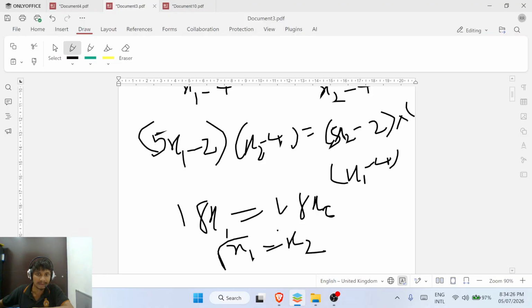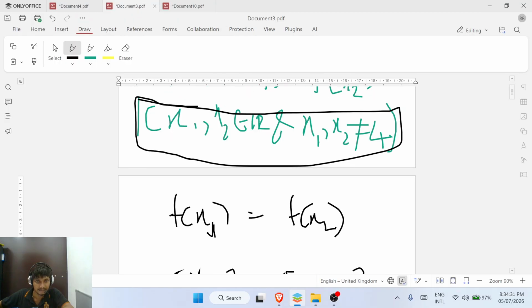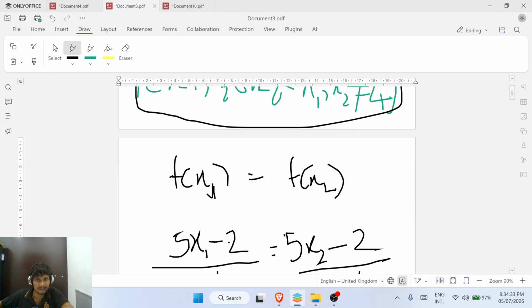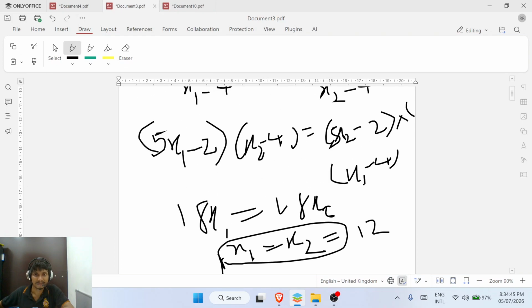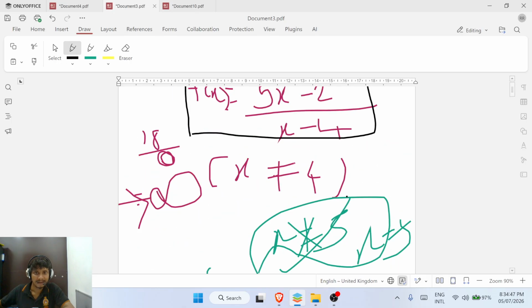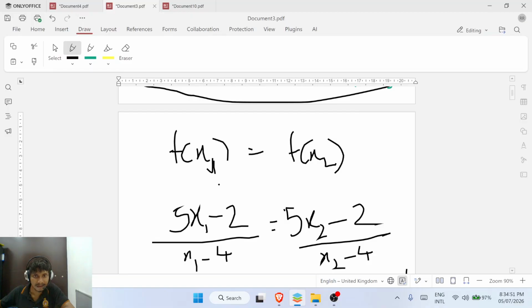What is the meaning of this? Here, if I assume that f of x1 is equal to f of x2, the final answer is x1 is equal to x2. For example, x1 is equal to x2 is equal to 12. What is the meaning? I assume that there are two numbers x1 and x2 that have the same value for f of x.